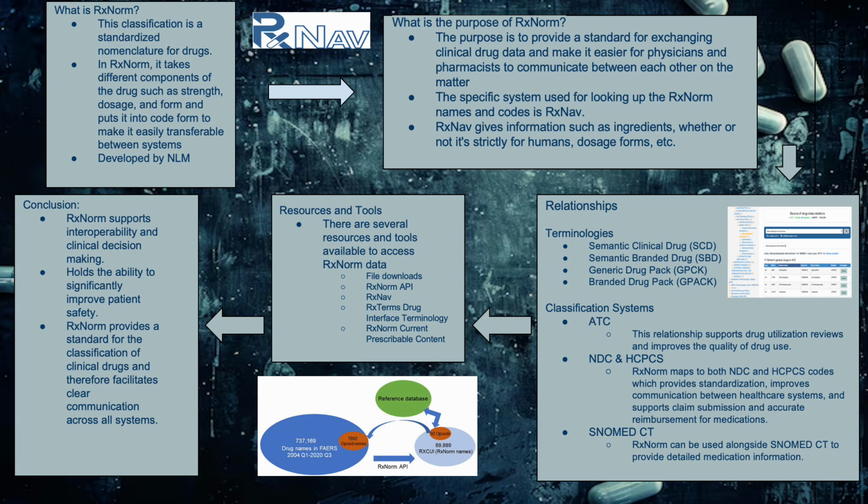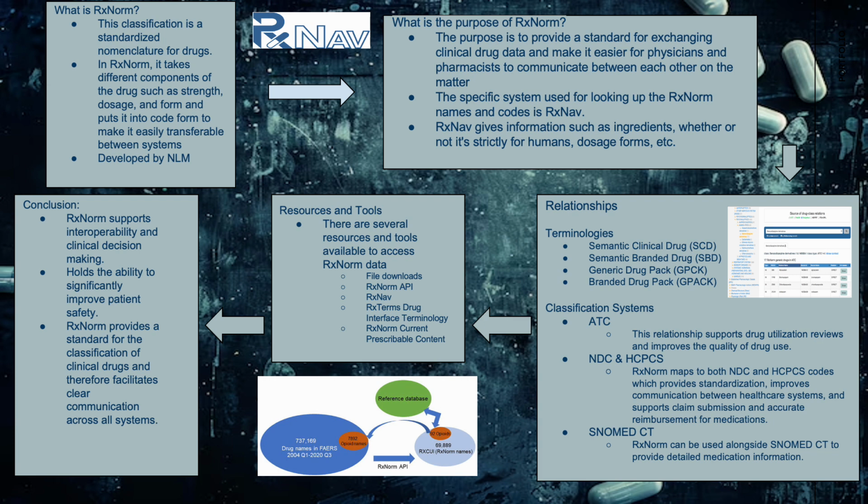The specific system that's used for looking up the RxNorm names and codes is RxNav, which on the first slide I inserted a picture of what the RxNav website looks like.